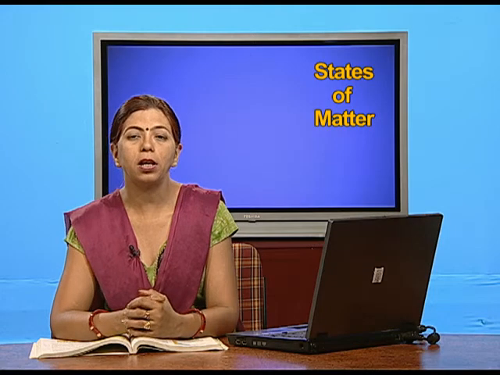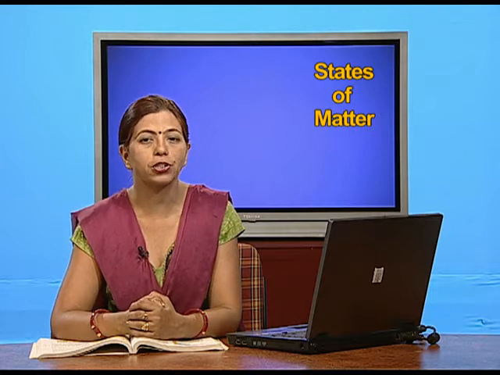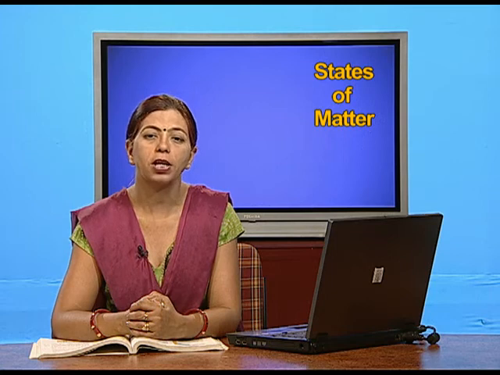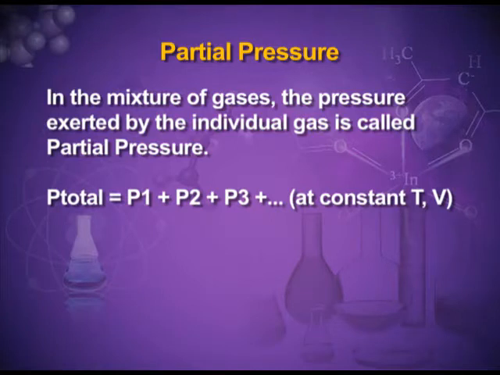For example, if we mix 2 or 3 or 4 gases which are non-reacting, then the total pressure will be equal to the sum of the partial pressure of each gas. In a mixture of gases, the pressure exerted by an individual gas is called the partial pressure. P total is equal to P1 plus P2 plus P3 and so on, at constant temperature and volume.